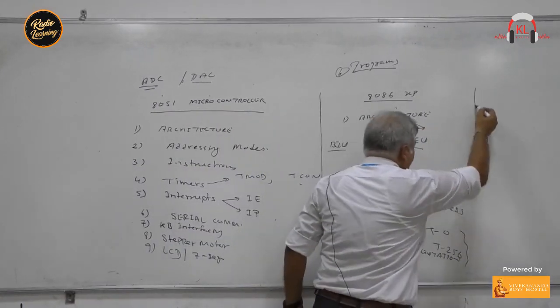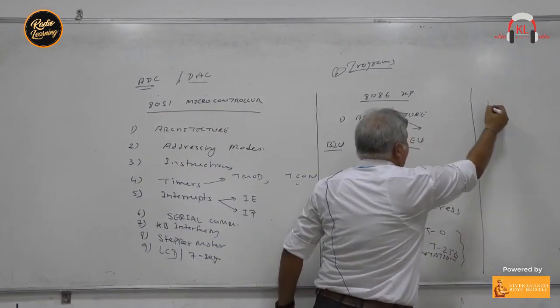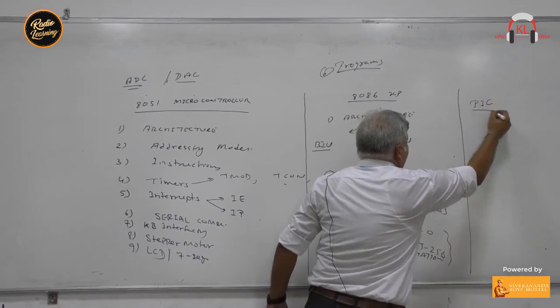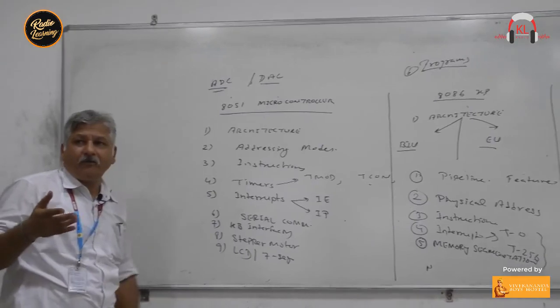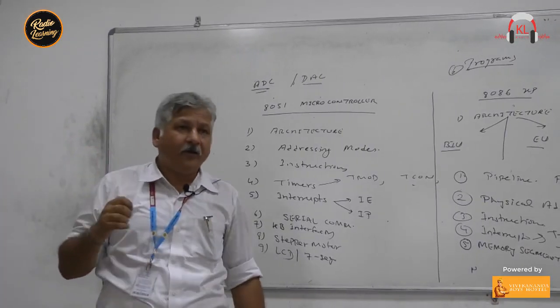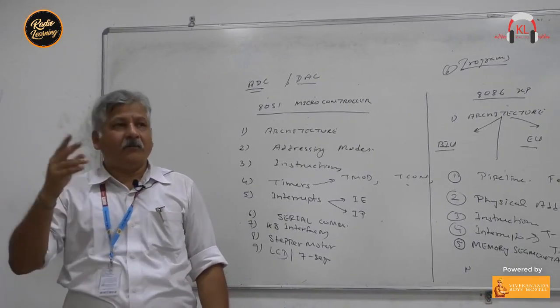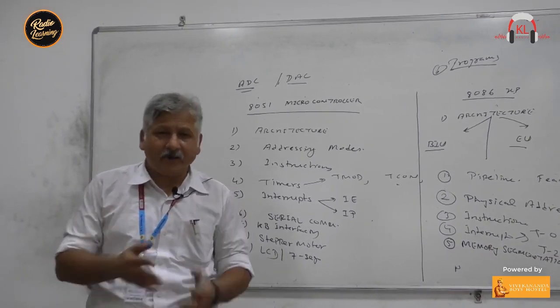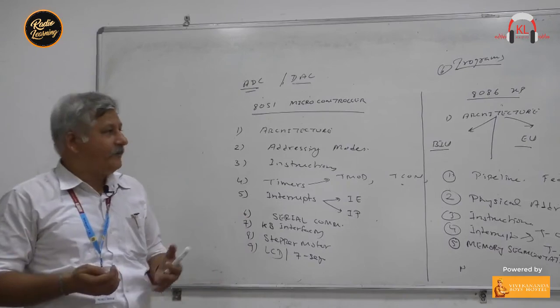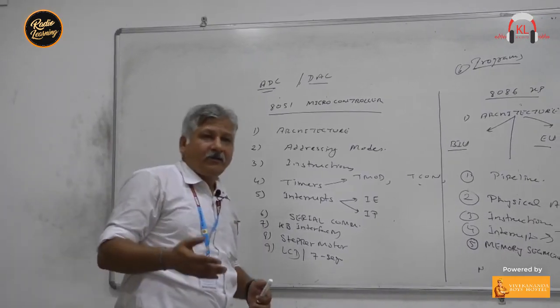And apart from this, you study about the PIC microcontroller. In the PIC microcontroller, basically you study the architecture of the PIC, what is the data memory map of the PIC, the status registers of the PIC, what are the various flags of the PIC registers, right? The timers of the PIC.